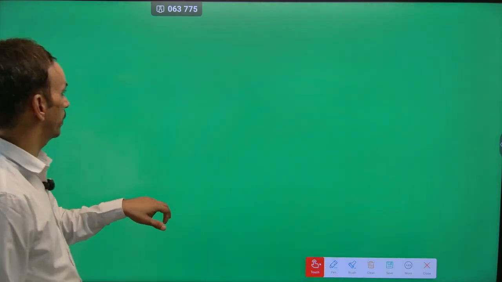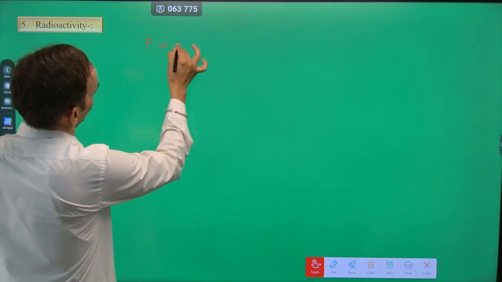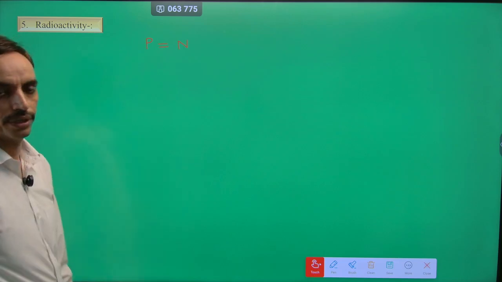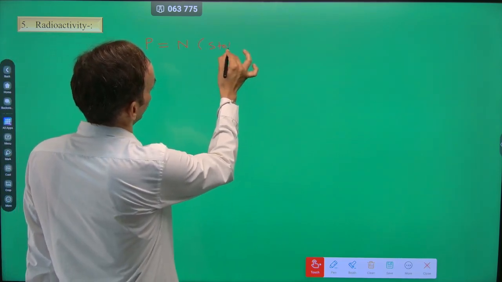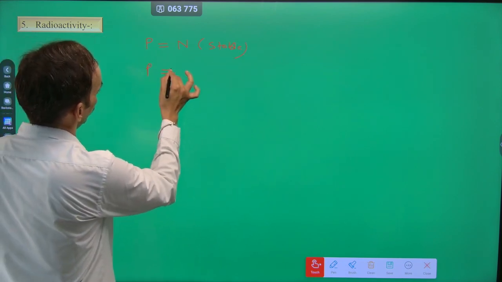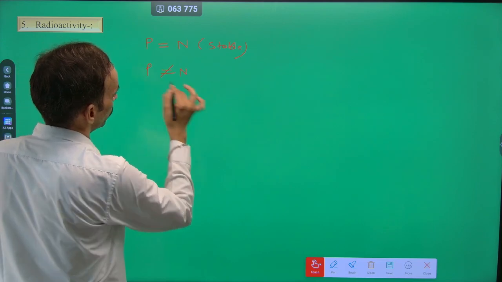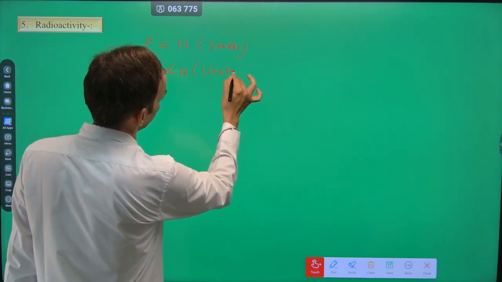Next is radioactivity. If in an atom the proton number is equal to the number of neutrons, in this condition the nucleus is highly stable. But if the number of protons is not equal to the number of neutrons, the nucleus is highly unstable.